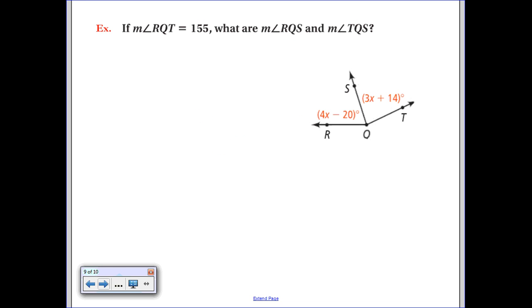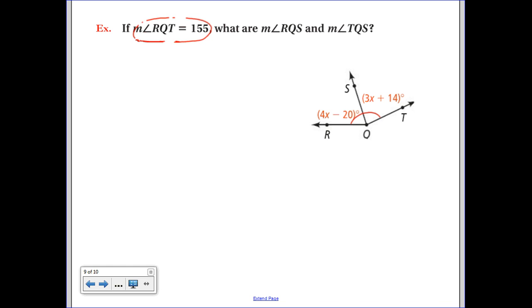Slightly more complicated here. We've got an angle that's not a straight line, so 180 degrees is not going to enter into this equation anywhere. Instead, they have to tell us the measure of angle RQT right here, 155 degrees. So they have to tell us that the outer angle from R through Q all the way to T, that whole thing, is 155.